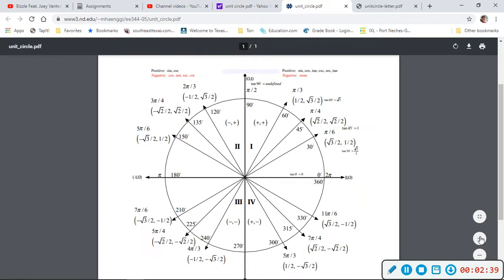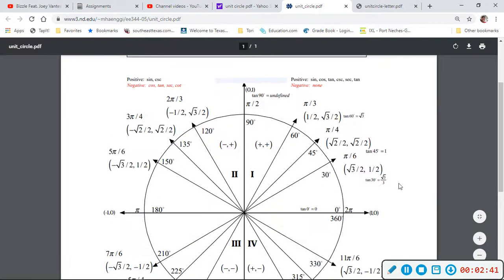If I zoom in a little bit here, they show you right here. This is the y value, this is the x value. If I divide these two, the 2's would cancel and I would have 1 over the square root of 3. Well, they've already rationalized the denominator, showing you that the tangent of 30 is equal to the square root of 3 over 3.